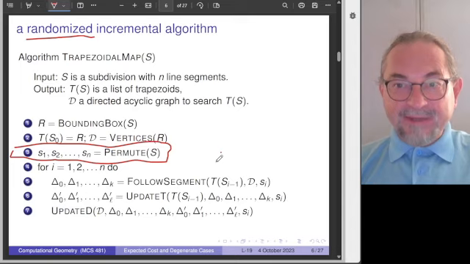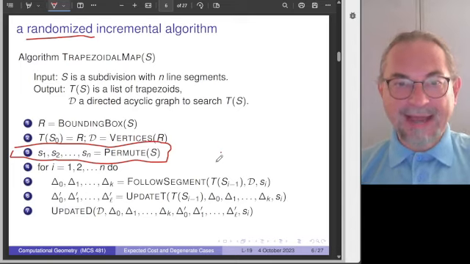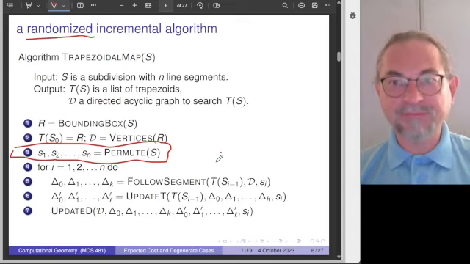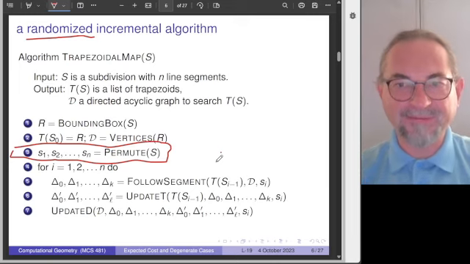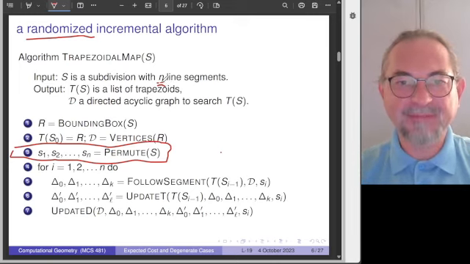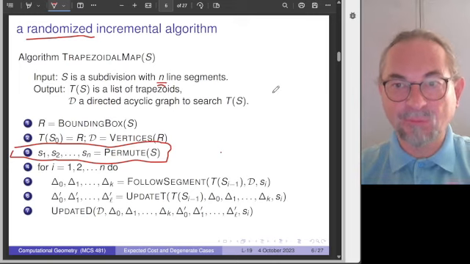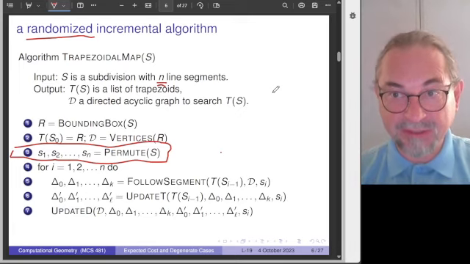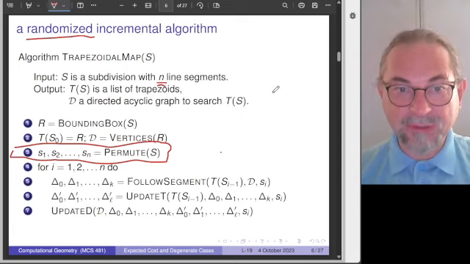It's an incremental algorithm. We are adding the segments one at a time. So we have the first important character n. That will be the dimension n. We will measure everything with respect to n.